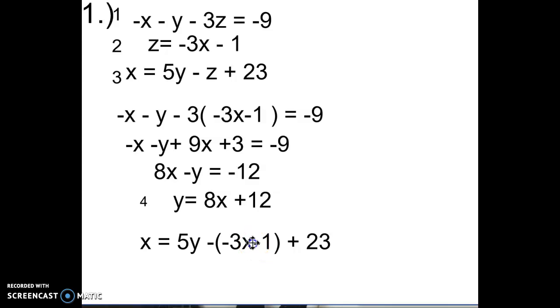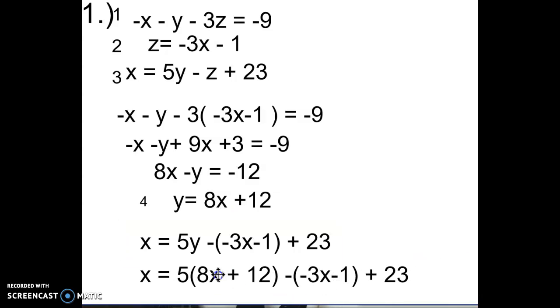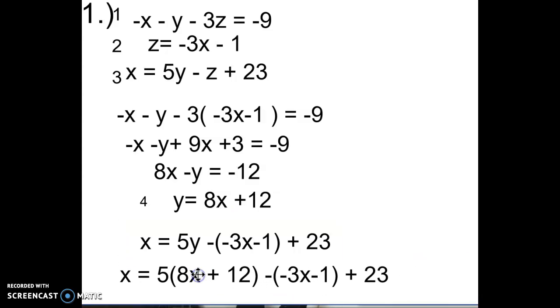And before we do anything else, since we've solved for y, we can also put that in terms of x. So you can see we have taken our equation 4 and substituted it into equation 3, and we've taken equation 2 and substituted it into equation 3.